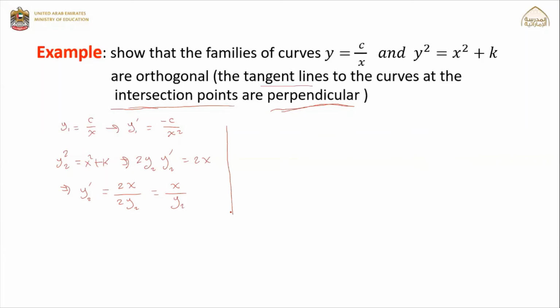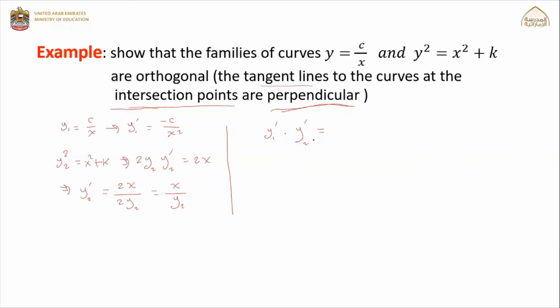Now, the slope of the first function is y1 prime, and the slope of the second function is y2 prime. So here I will take y1 prime times y2 prime. If I can prove that y1 prime times y2 prime equals negative 1 when y1 equals y2, because we talk here about intersection points, so the value of y must be equal.